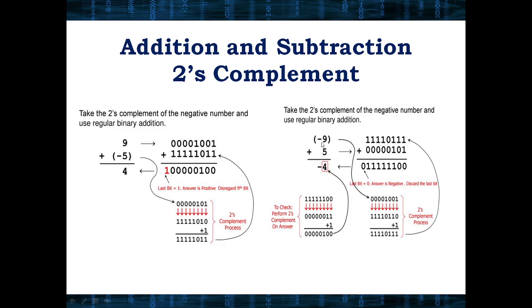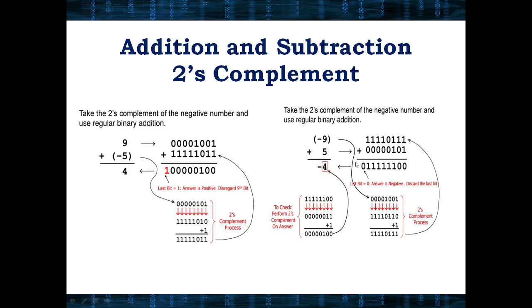Then another example, here we'll consider minus 9 and plus 5. For minus 9, you just take the positive 9, take the 1's complement and add 1 to it, and you will get this value. Then you add it with the plus 5, so you will get this. Here also you got one extra carry, you need to ignore this.